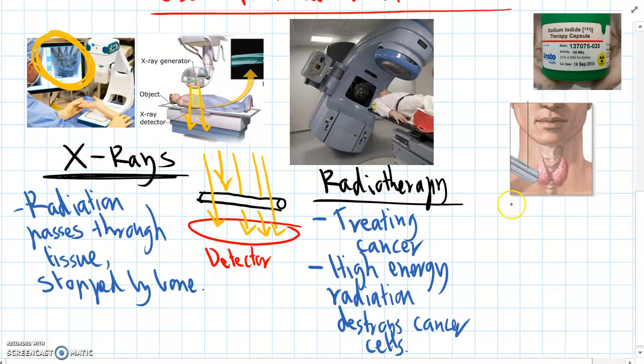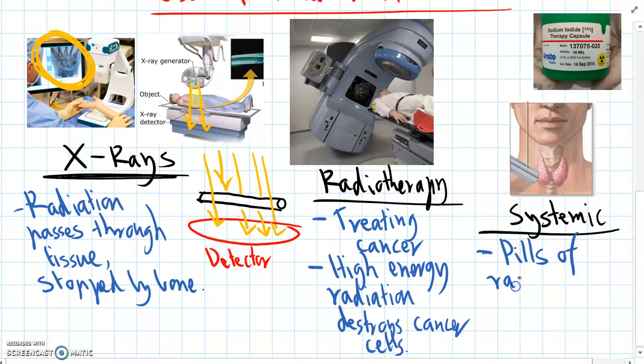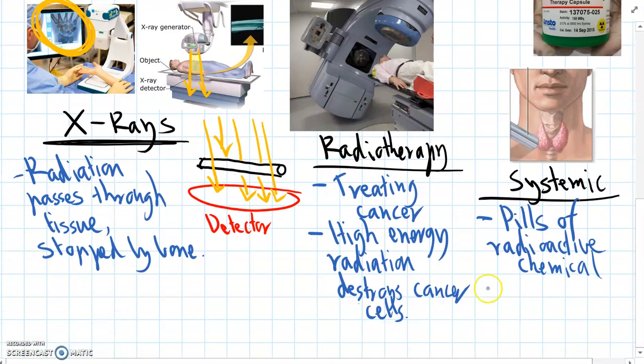The other type of radiation therapy we can use is called systemic radiation therapy. And systemic means you're taking something into your body. So we actually take pills, or the patient takes a pill of a radioactive chemical, and then that chemical is sent, or the body sends that chemical to a particular location.